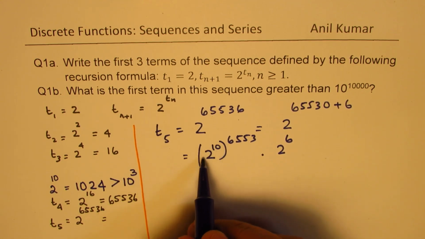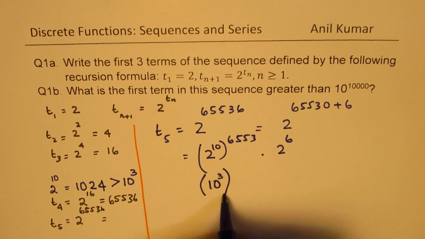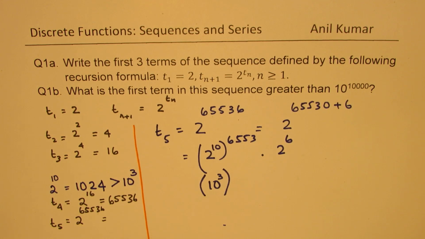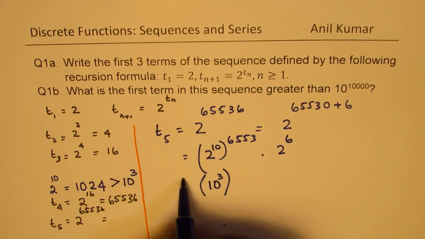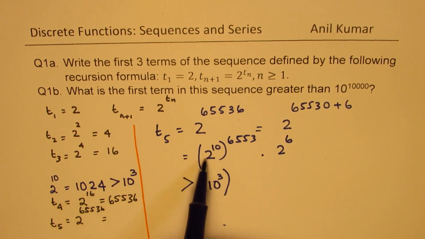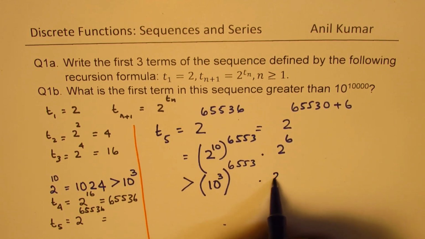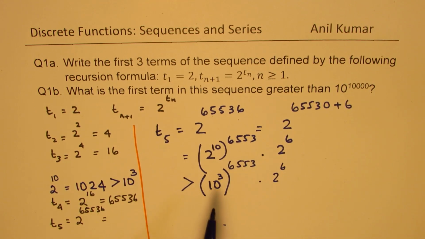So if I replace this part with 10 to the power of 3, then we know clearly that this number is greater than that number. So our T5 is definitely greater than, since 2 to the power of 10 is greater than 10 to the power of 3, replacing 2 to the power of 10 by 10 to the power of 3 and writing the same things, which is 6553 times 2 to the power of 6. What we get here is something to the power of 10. Do you get an idea, right?